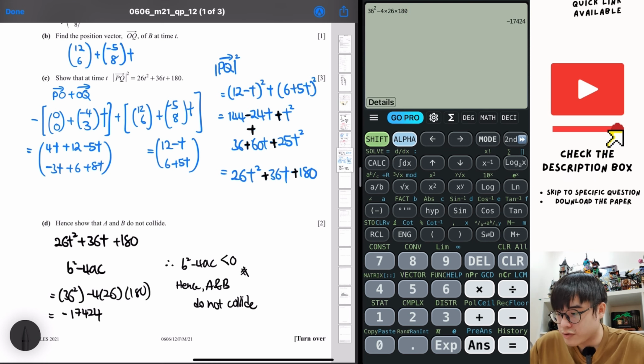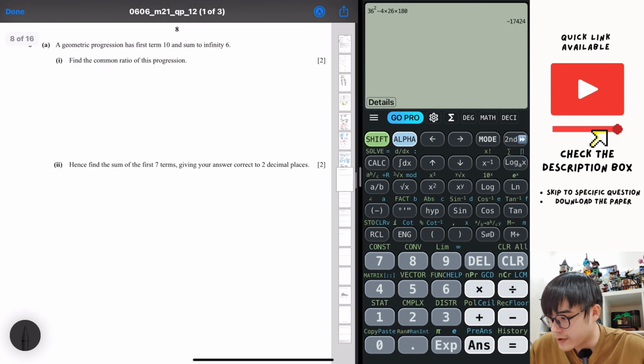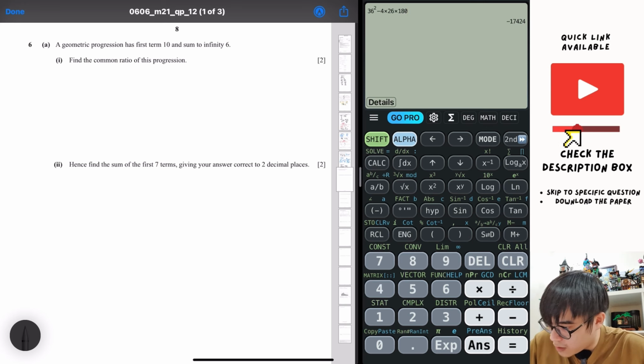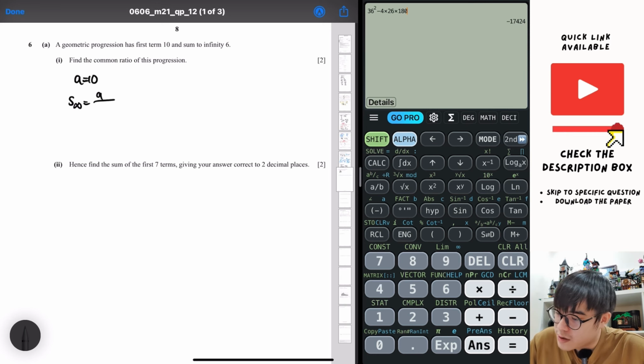So we are halfway through the paper now. Moving on, we have our calculation of geometric progression. First term is 10, sum to infinity is 6. So we got our a as 10. S infinity is a over 1 minus r, so we actually get it as 6.